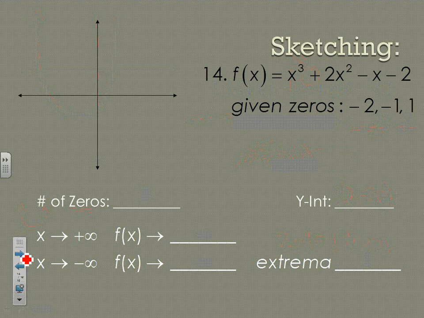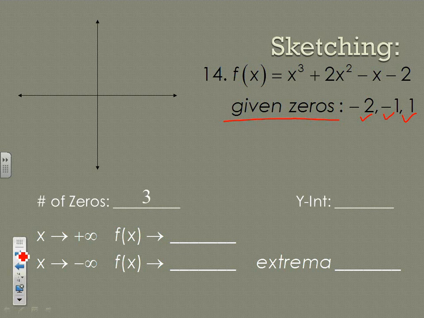Okay, number 14. This is our last one, y'all. My number of zeros: given zeros 1, 2, 3. It gave me 3 zeros. So my number of zeros is 3. My y-intercept is what I get when x is equal to 0.